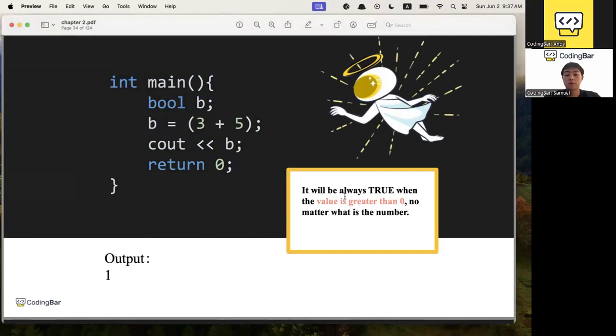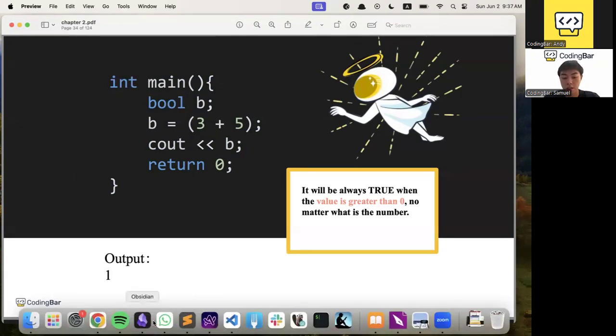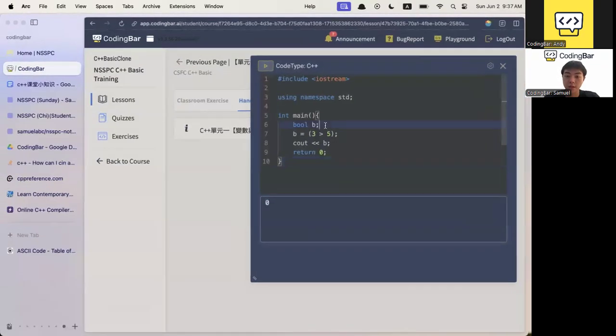And so there's a note here. It will always be true when the value is greater than 0, no matter what the number is. What does this mean? For example, how about you assign B equal 1 and you print it out?